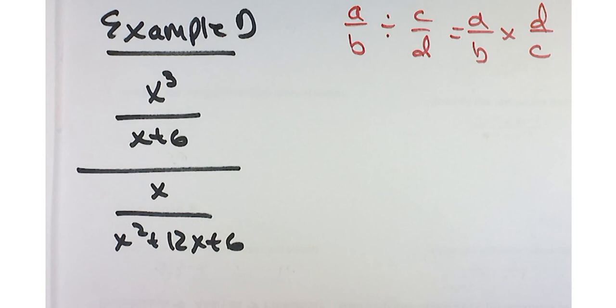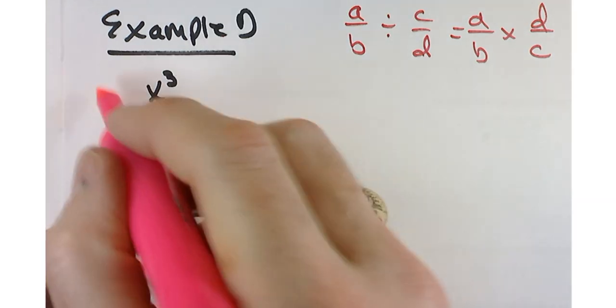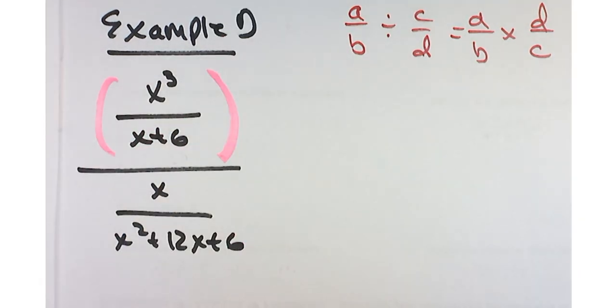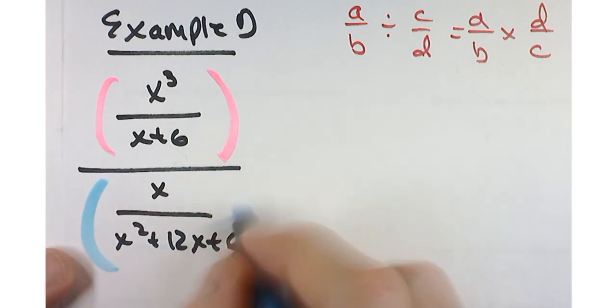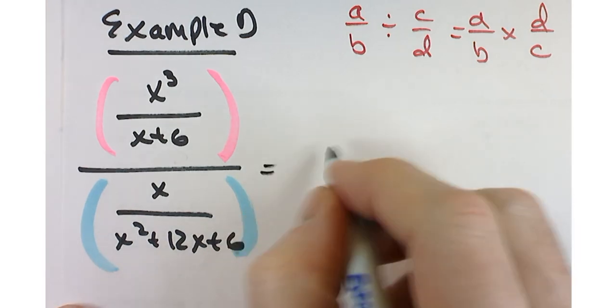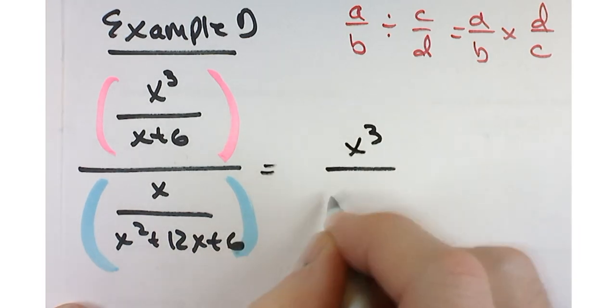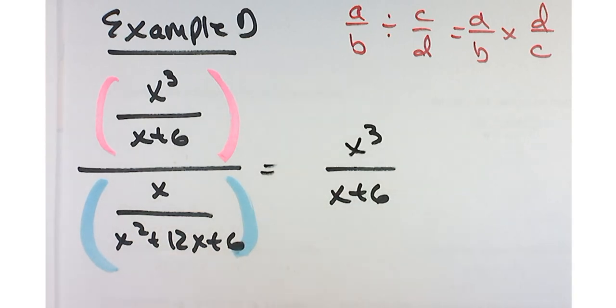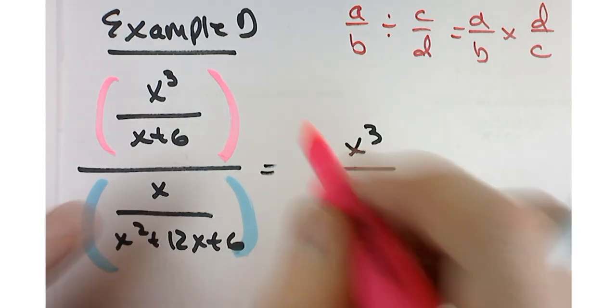You just have to recognize and realize that this is your numerator fraction. It's one fraction. And this is your denominator fraction. So I'll write this as x cubed over x plus 6. That's my first fraction. That's my numerator.